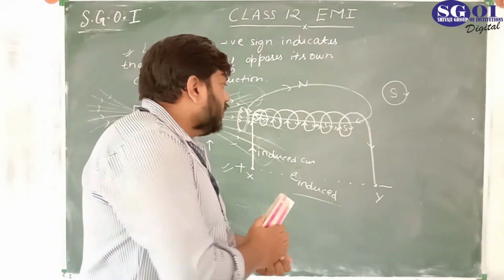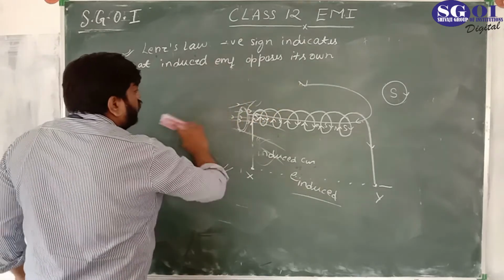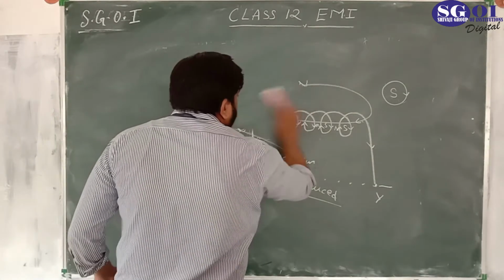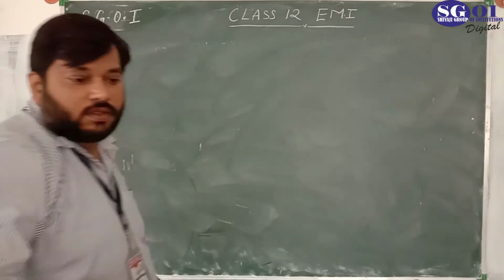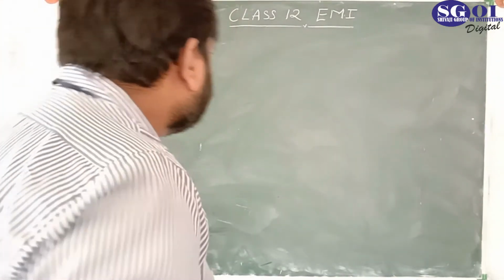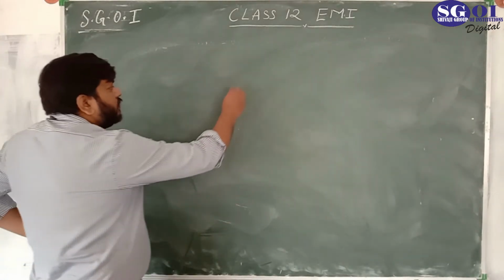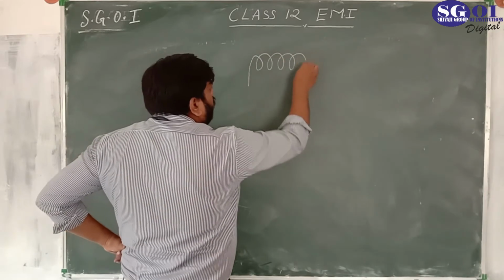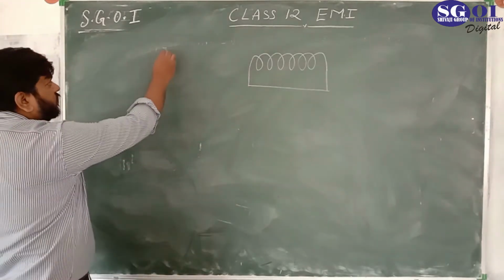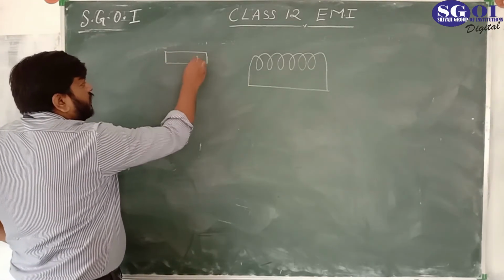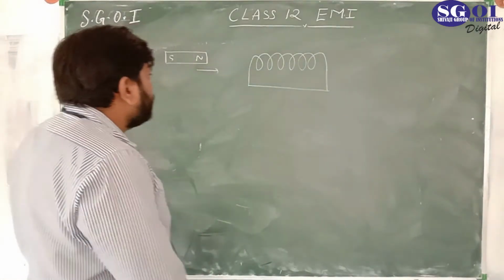Now I am going to the particular concept we have done from trial at your home. Suppose this was the coil and the circuit, let's say, is closed in the same case, and we are taking a bar magnet towards it this way.